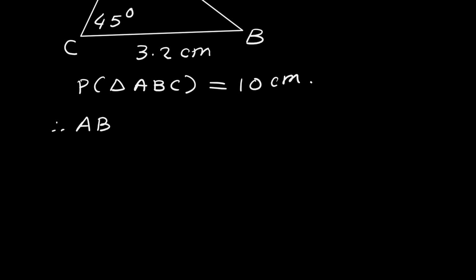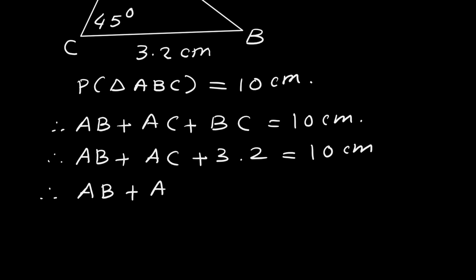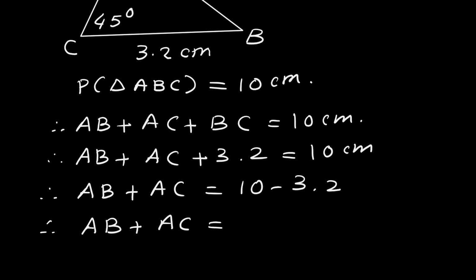So AB plus AC plus BC is equal to 10 centimeters, and therefore AB plus AC plus 3.2 is equal to 10 centimeters. So what is length AB plus length AC? 10 minus 3.2, that is 6.8 centimeters.